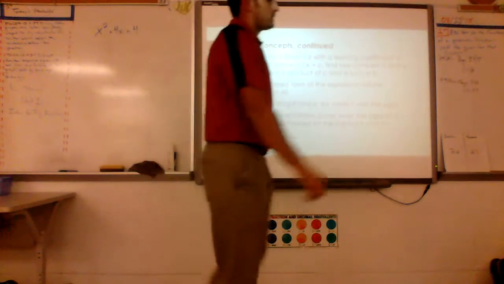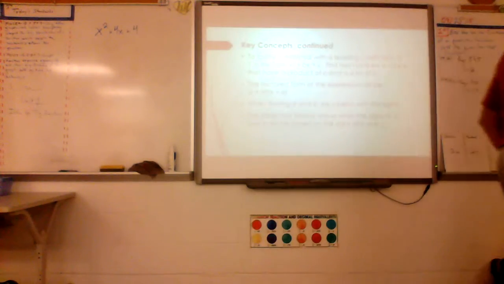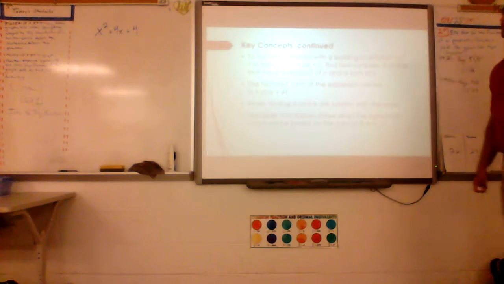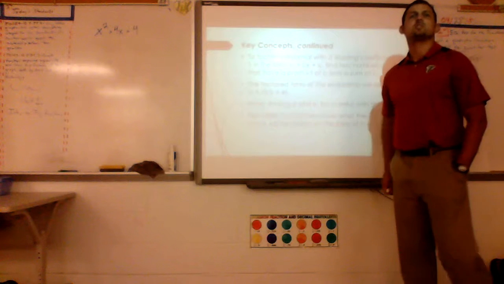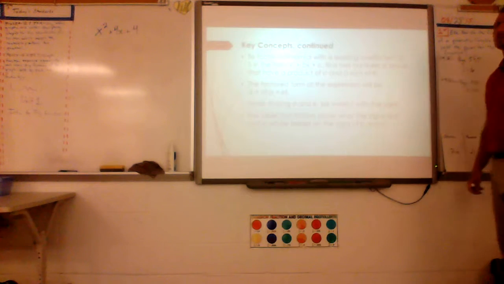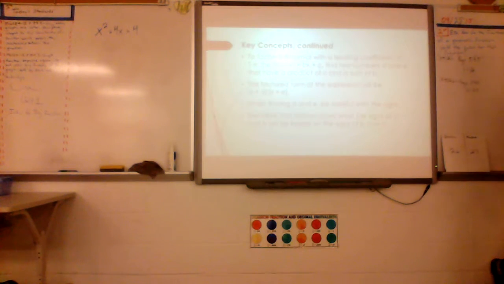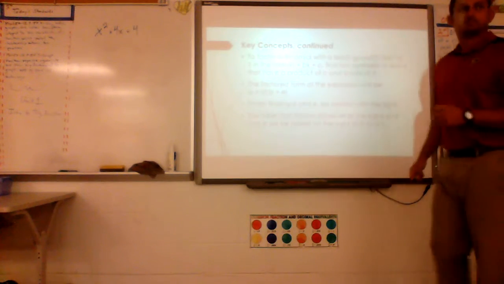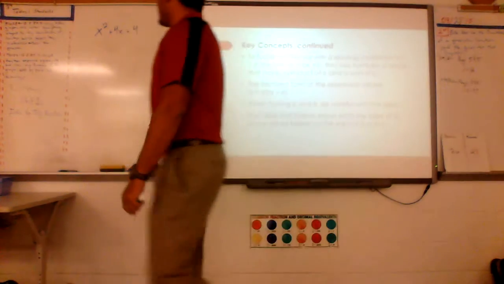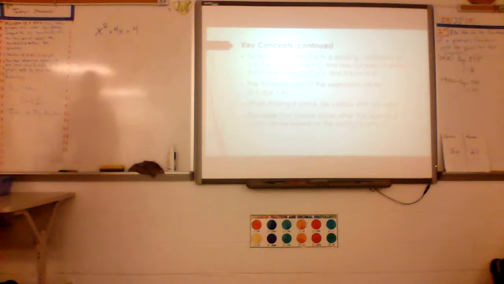Take a second and write that one down. It says factor the following, and we're going to factor the following expression. That's what it means by factor: x squared plus 4x plus 4.